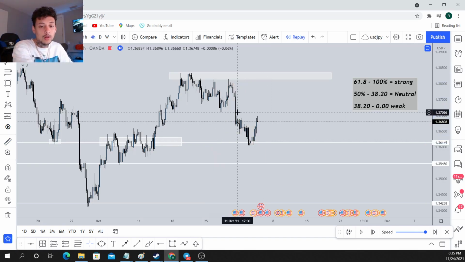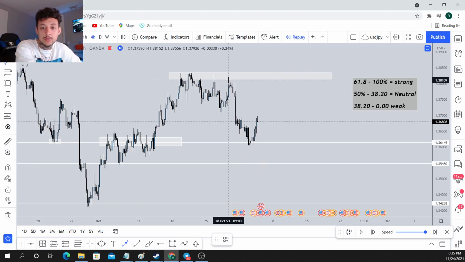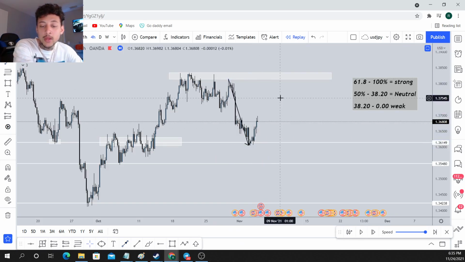So for the market to replicate that, which is something that we could use in the market as well, they're called equal measured moves. We need for price to take a break. You can think about momentum as somebody who's sprinting.